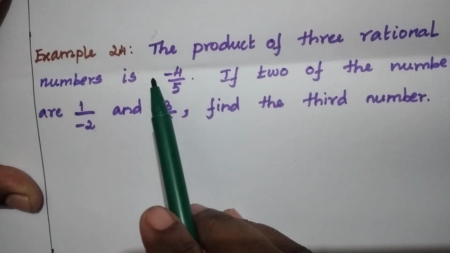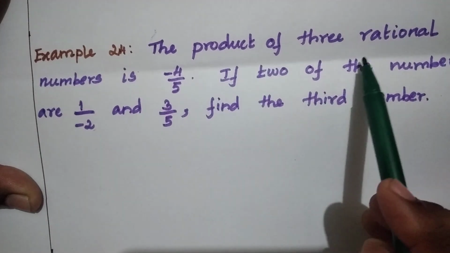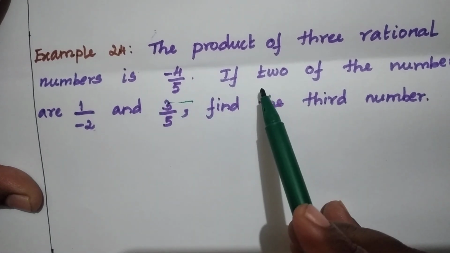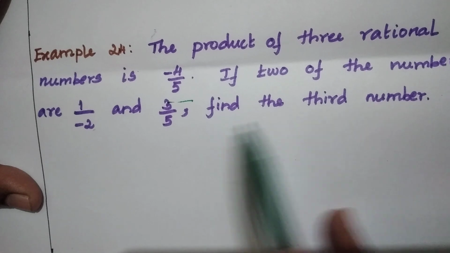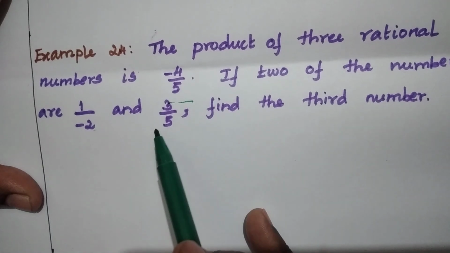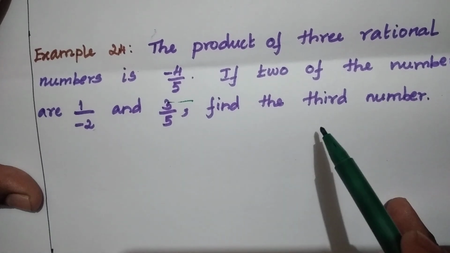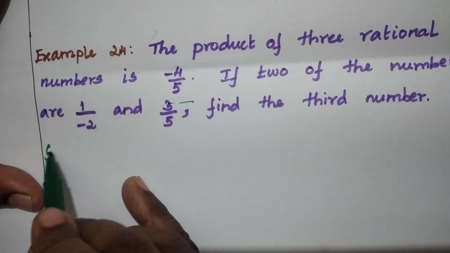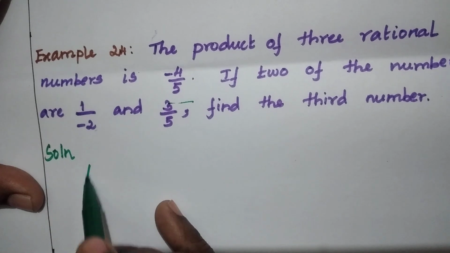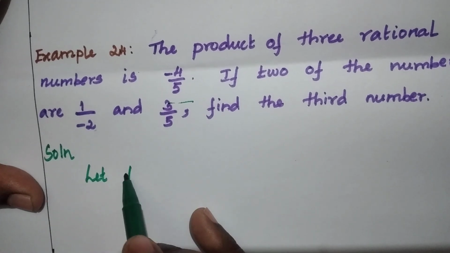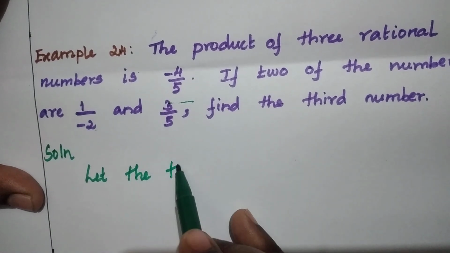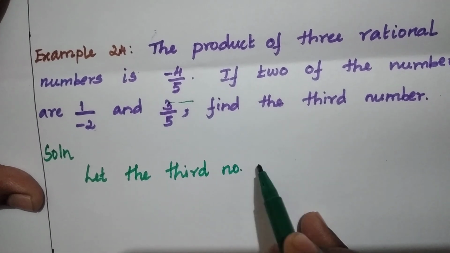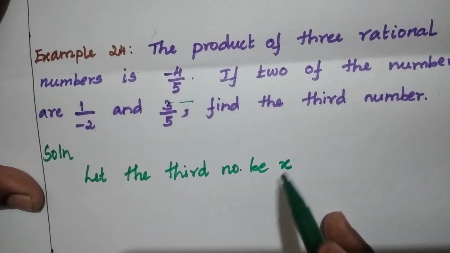Example 24. The product of three rational numbers is minus 4 by 5. If two of the numbers are 1 by minus 2 and 3 by 5, find the third number. So how do we solve this one? Let the third number be x.